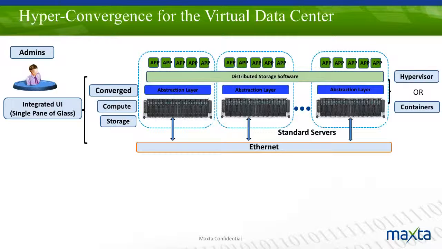So if I needed to add a terabyte of capacity and everything else was looking good, I can just come into Maxta and add a disk or two and scale that infrastructure up as well as out. So again, more flexibility compared to some of the other manufacturers that are producing today.